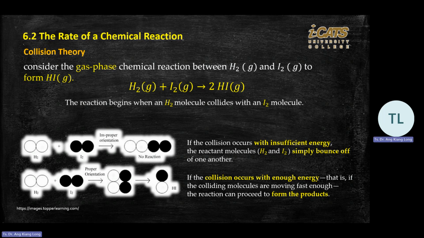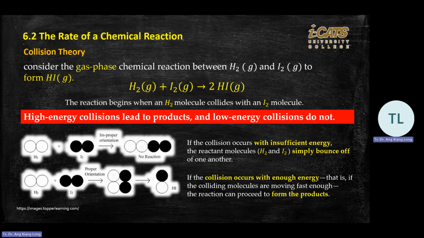So this basically is how you will see it in your test 2 and final exam. The question will ask you, explain the chemical reaction that happens between A and B using collision theory. Basically, it's just the same as these slides, but you change the elements on the slides. Okay. So just some understanding here.